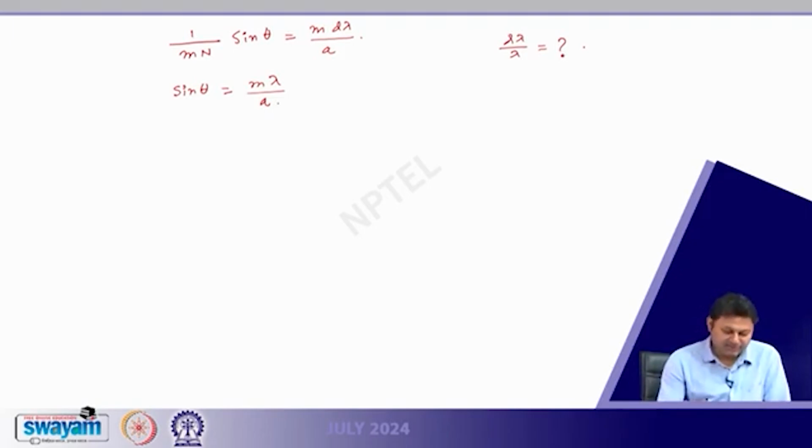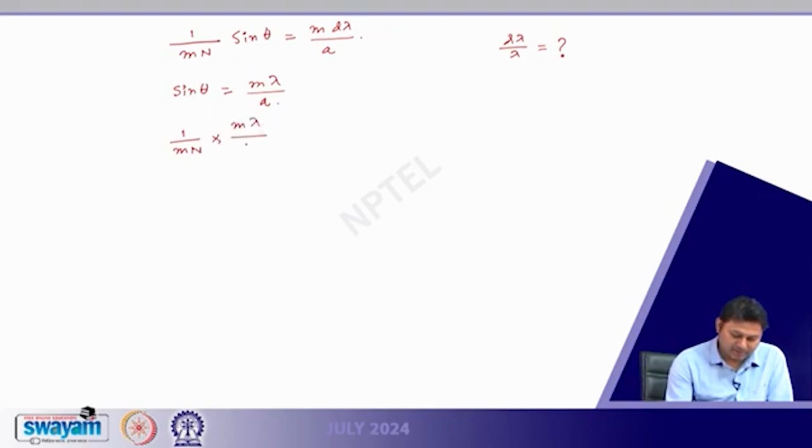So, sin theta is this. If I replace this, eventually we have 1 by m n multiplied by m lambda divided by a is equal to m by a d lambda.